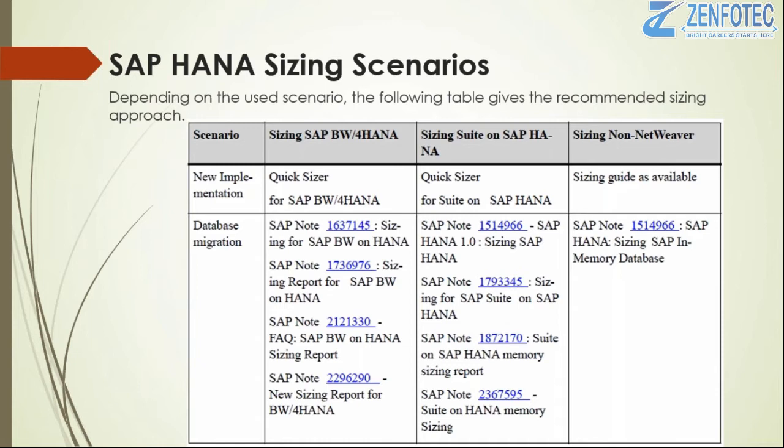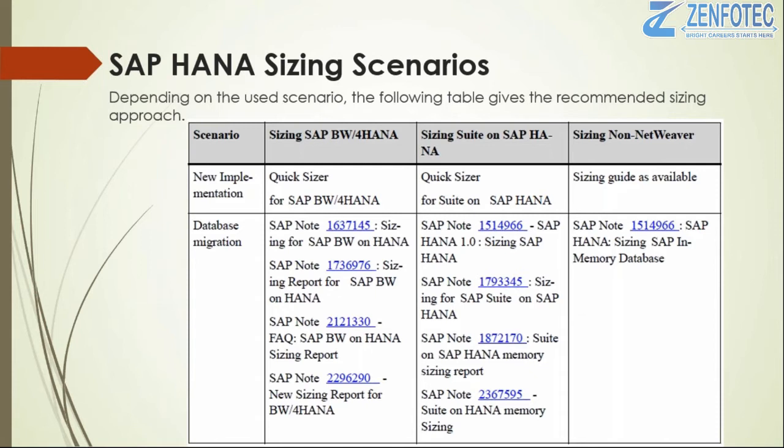We have to execute this in the background, and after that it will generate a spool. Once your job is finished, you go to SM37 and check the job log, basically the spool. It will show you the required memory.